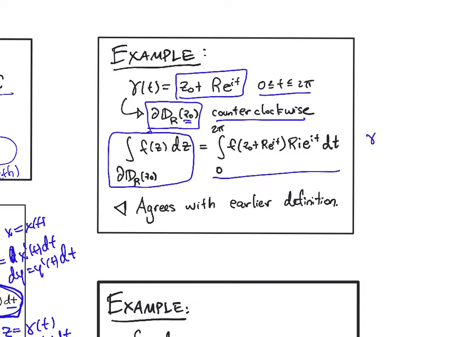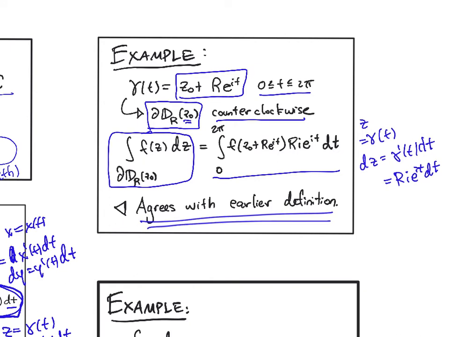So I'm just replacing z with gamma of t in here, and I replace dz with gamma prime of t dt, which in this case becomes r i e to the it dt. And this agrees with our earlier definition when we defined these integrals over circles.